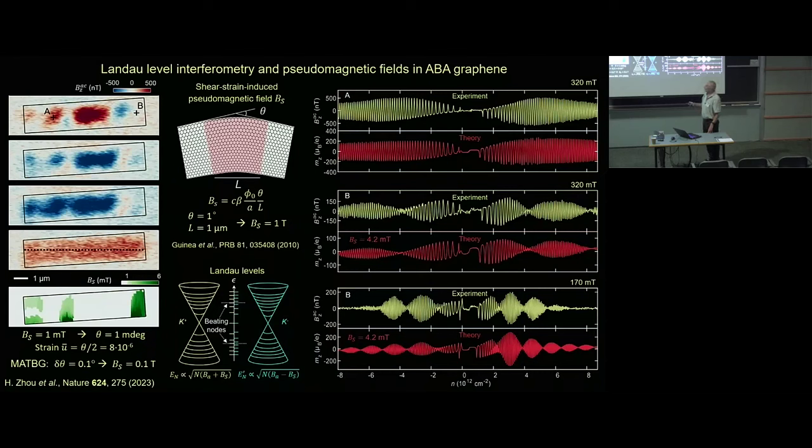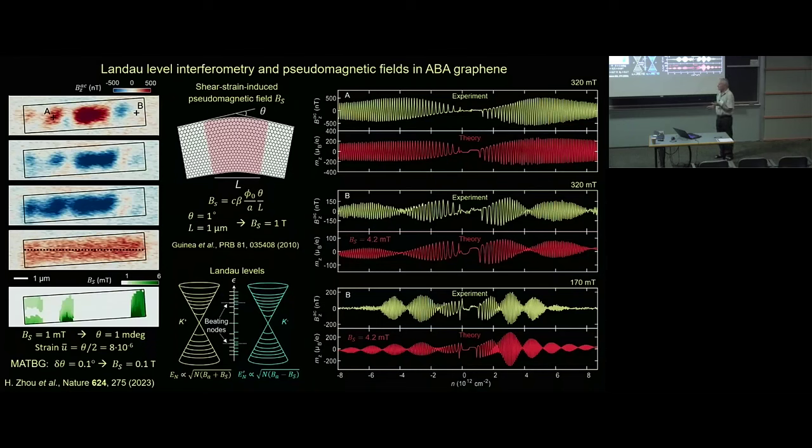So essentially you have regions in the sample in which the atomic lattice is aligned to within 1 millidegree. And this is only because it's a crystalline graphene, in my opinion, ABA, in this Bernal trilayer. And the strain is just given by the angle, so it's less than 10 to the minus 5.